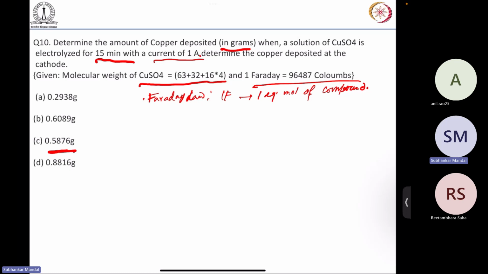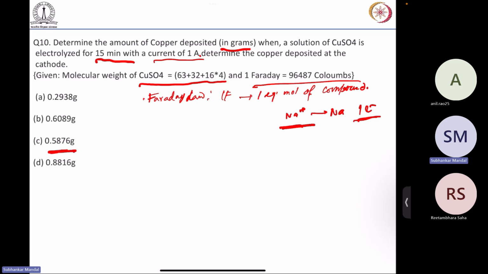If it is sodium, suppose, then it will deposit sodium. So this is a one electron process. That means if you pass 96487 and it is a one electron process, then it will be 1 equimolar of sodium that will deposit.